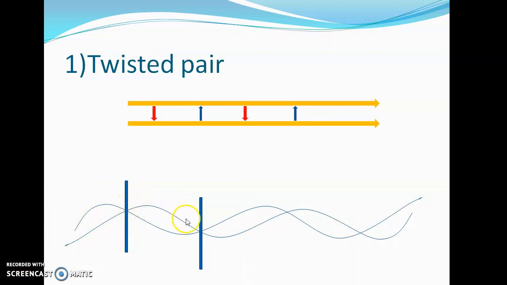Likewise, the signal will be transmitted again from here till here, and when it reaches the next twist, the extra signal absorbed will be cancelled off. In every twist, all the extra signal absorbed by the wire will be cancelled off. So this is what we will be discussing in the twisted pair of copper wire, or twisted pair cable.